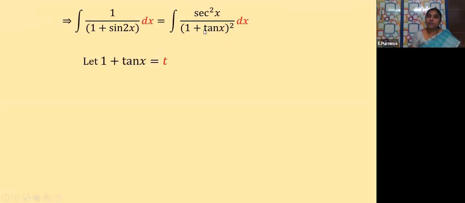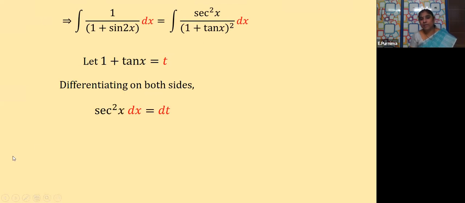And here what you should do? 1 plus tan x should be taken as t. So differentiating on both sides, what do we get? Secant square x dx is equal to dt. Already we have seen this in the previous sum.